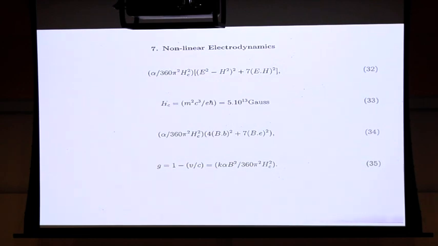B is the classical magnetic field. HC is the critical field, which is 5 times 10 to the 13 Gauss, which is actually about what you get astronomically in a pulsar. A pulsar is a magnetized neutron star, which typically has fields just about equal to the critical field.